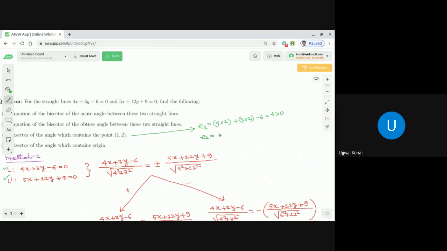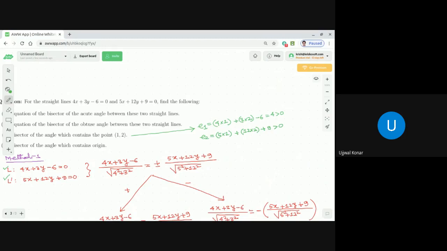So that means 5 into 1 plus 12 into 2 plus 9. That is obviously greater than 0. So we see that both E1 and E2 are of the same sign.